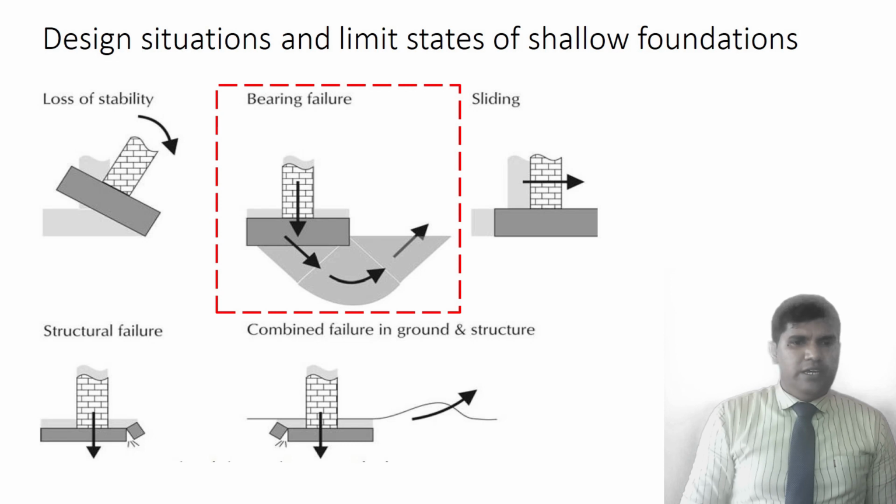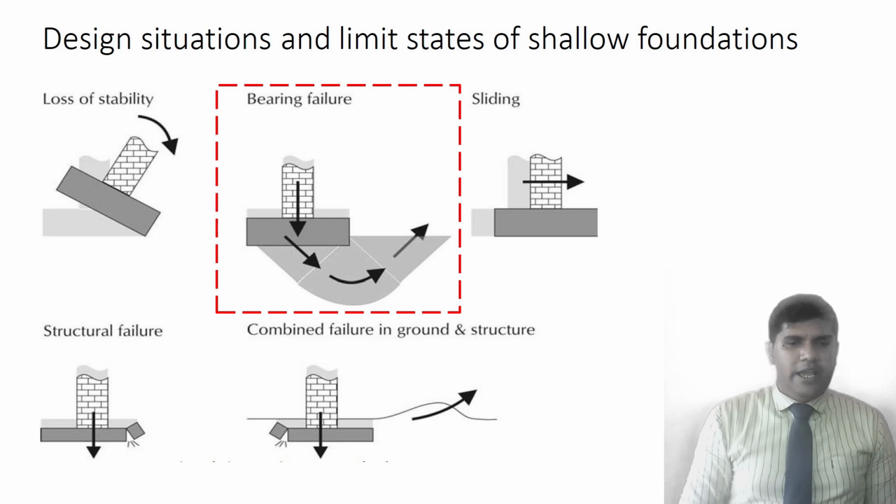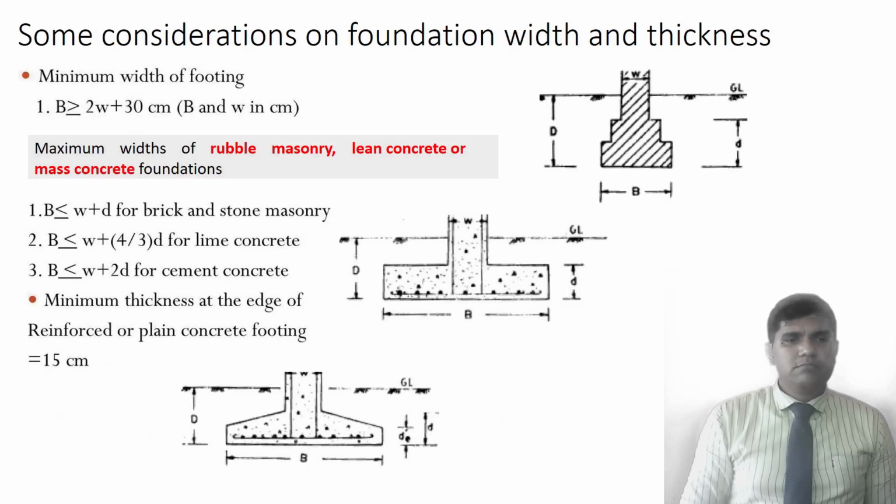The third one is bearing failure, where sometimes it is going to settle or move in a vertical, downward direction. These are the possible failures in the failure mechanism that we can find here.